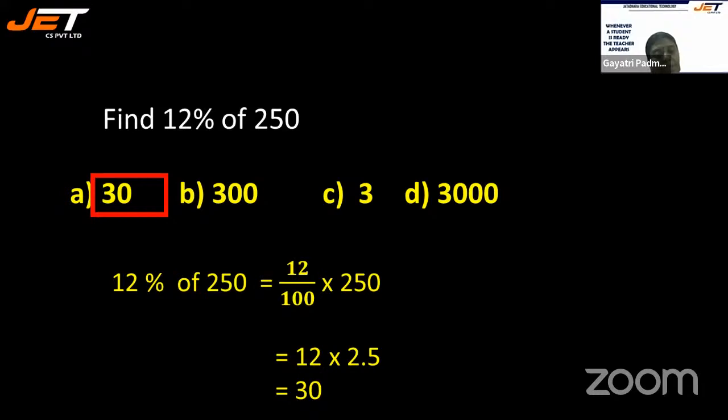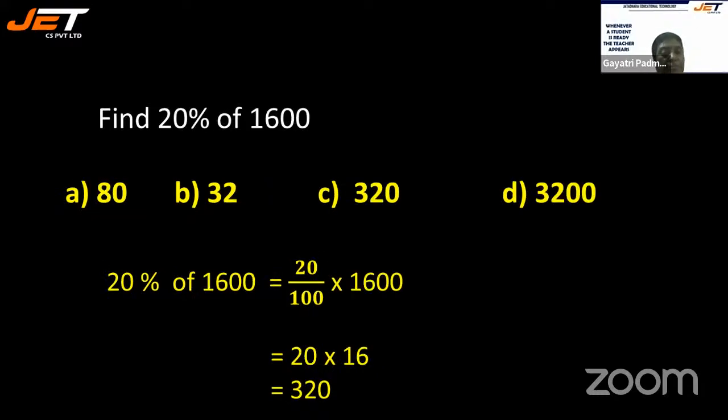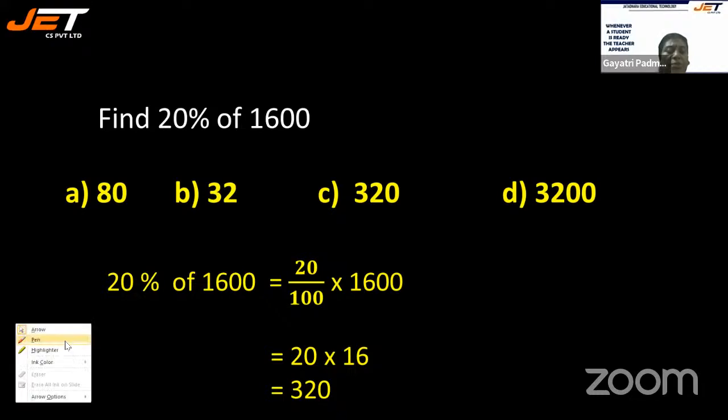All right, students. So these are all very simple sums. I'm sure you would have done all these sums in your textbook itself. All right. Now see the next one. We have 20% of 1600. So what is 20%? 20 by 100 into 1600. So here you are just cancelling the zeros, which is 160 into 2.